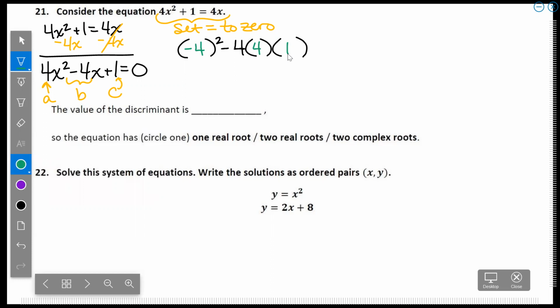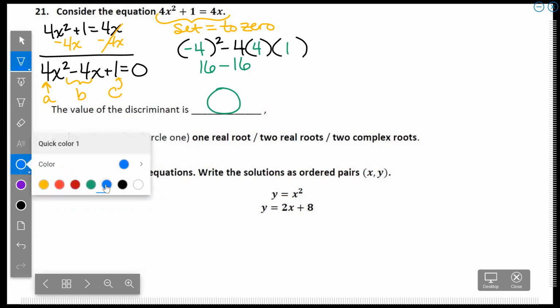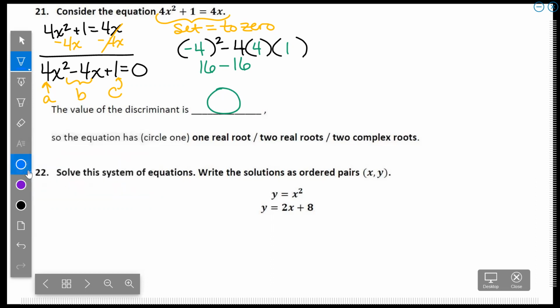What does it mean to square something? Multiply it by itself. So what is -4 times another -4? 16. Minus 4 times 4 times 1. 16. 16 minus 16 gives me 0. So what does that mean? 1 real root.